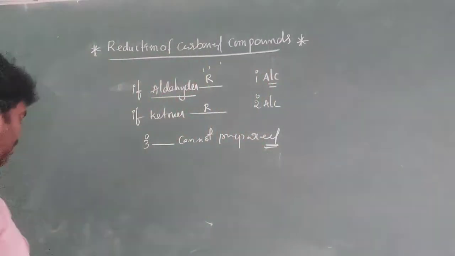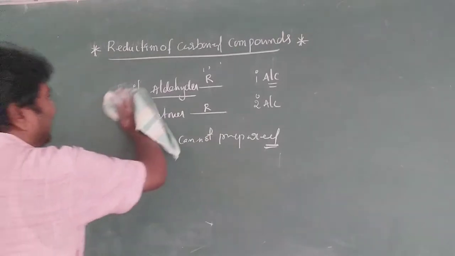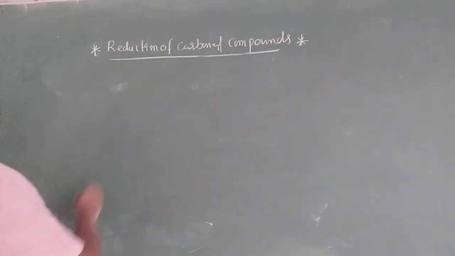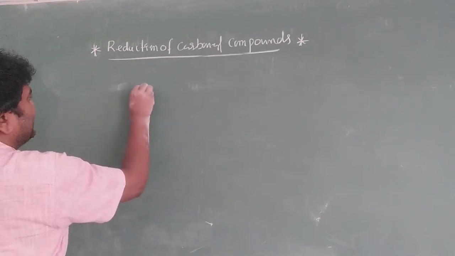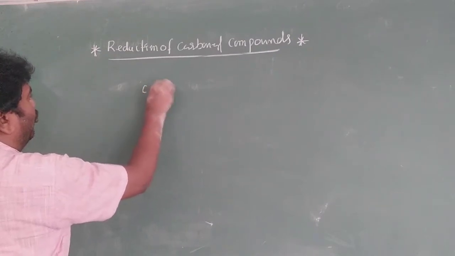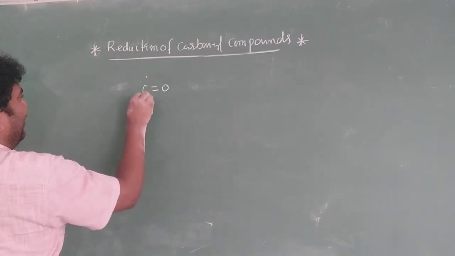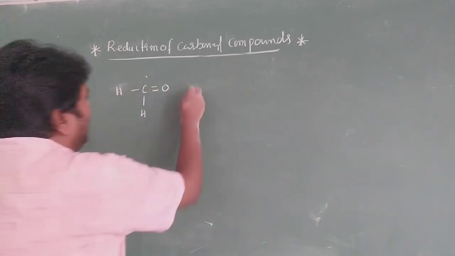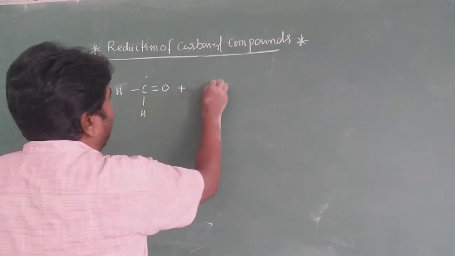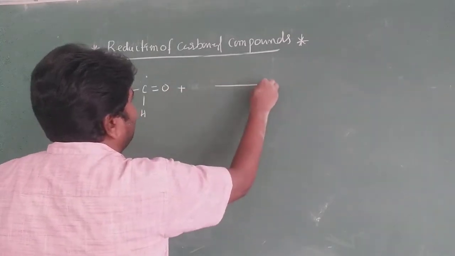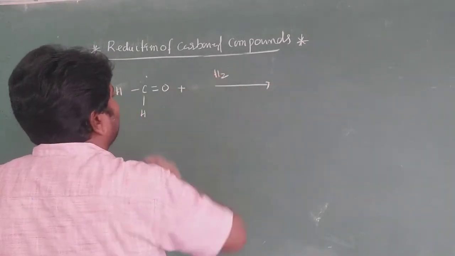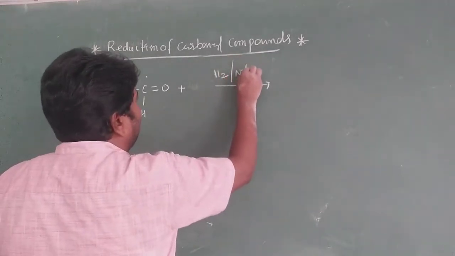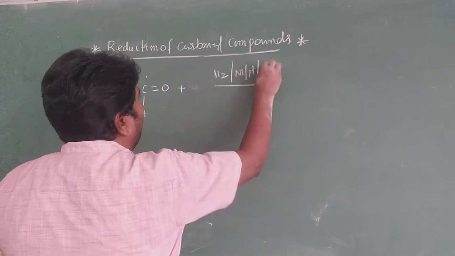Preparation of alcohols. See, suppose I take formaldehyde. The formula of formaldehyde is H-C double bond O-H, plus addition of hydrogen in presence of nickel or platinum or palladium.